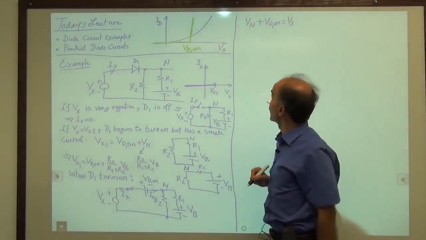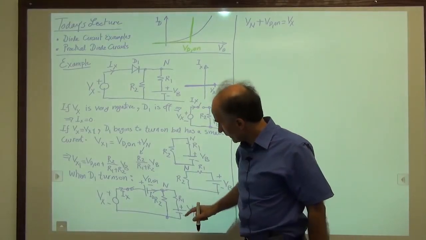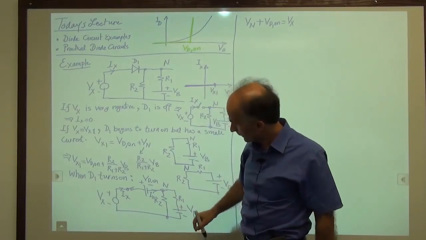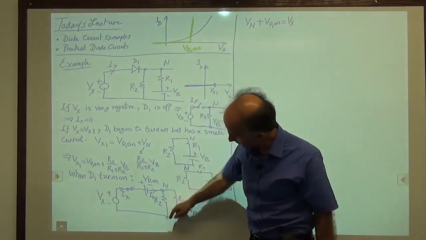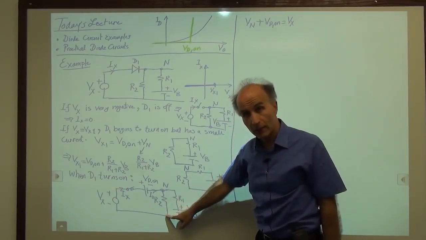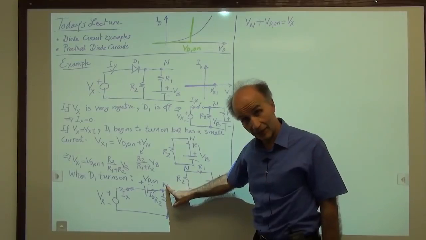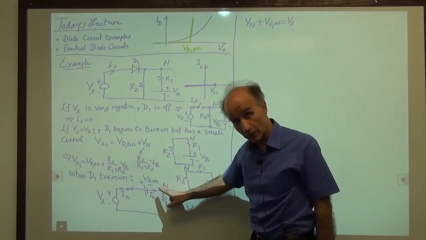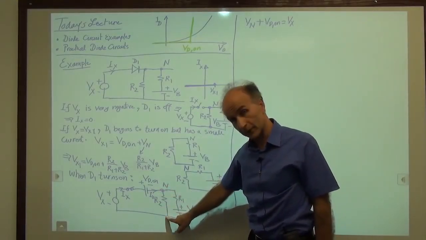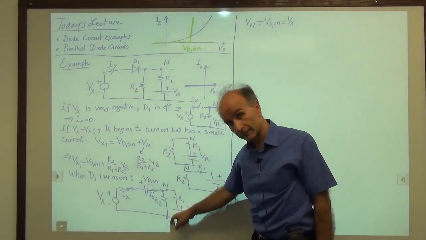Now, we also know that the current flowing through R2 from top to bottom is given by the voltage across R2 divided by R2. The voltage across R2 is Vn. That is the definition of this node voltage, this voltage with respect to this voltage. So Vn divided by R2 is this current.